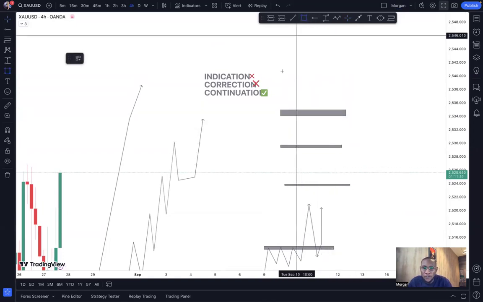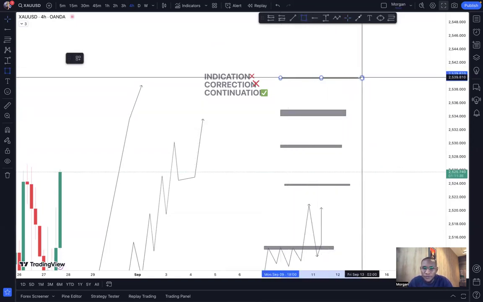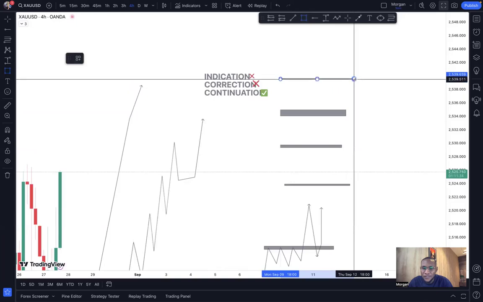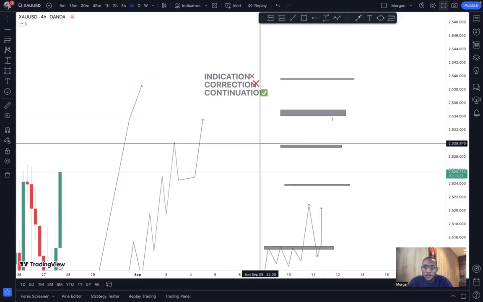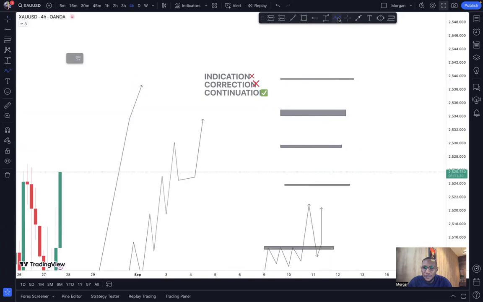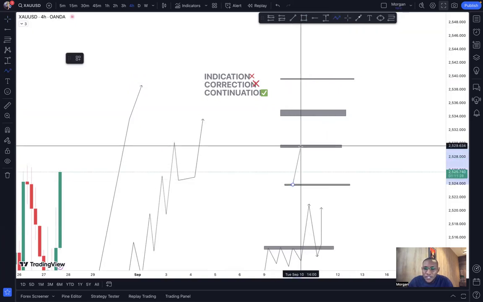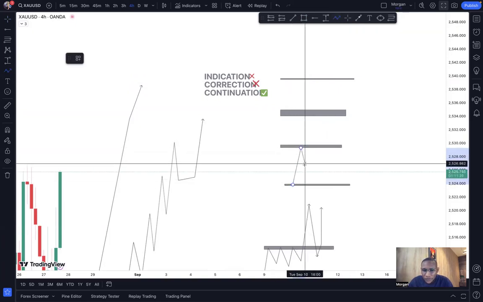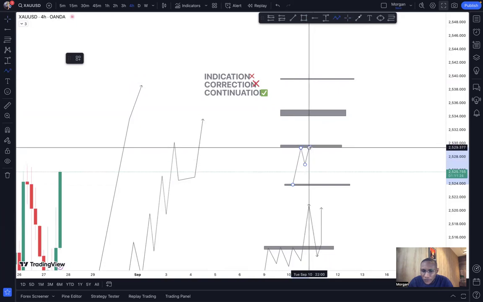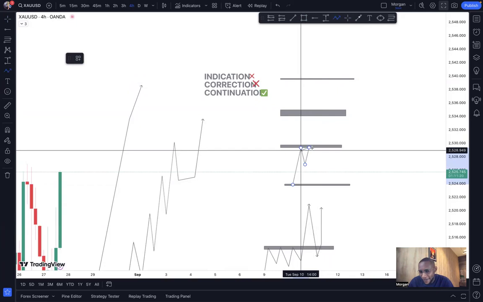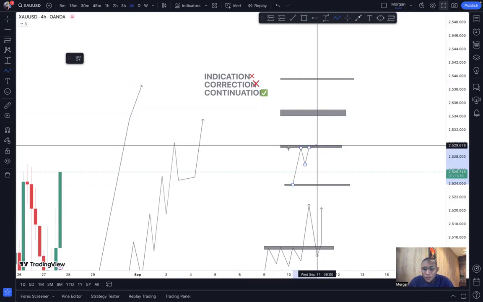Let me make it a 4-story building, because the world is now advancing. We are seeing more story buildings. So, a 4-story building, right? This is the roof. Why it is a roof is because sellers are here. They are pushing price down.